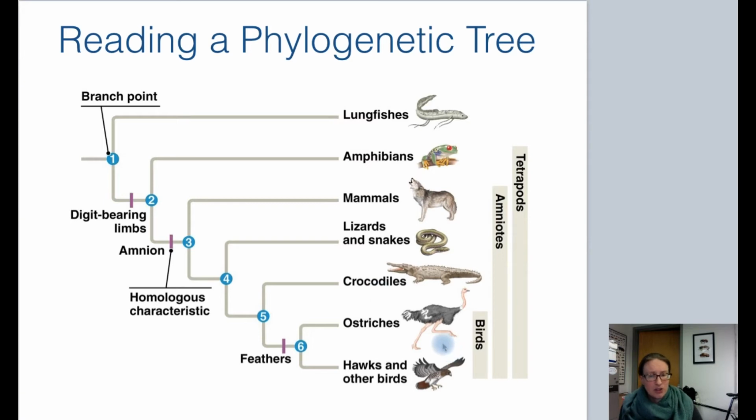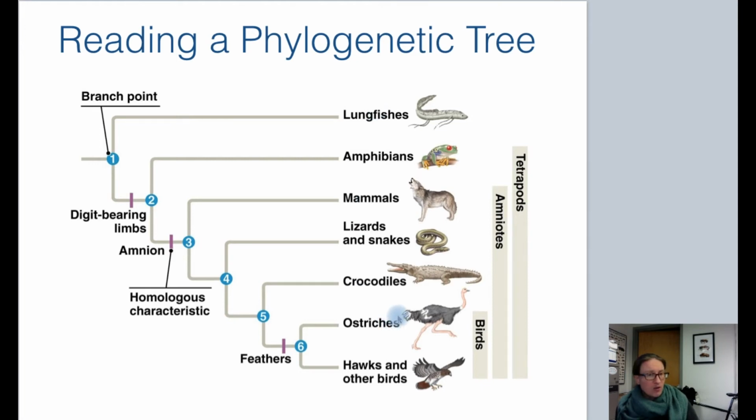So in this particular tree, the ostriches, the hawks, and other birds are more closely related because they are all examples of birds relative to their relationship with all of these other groups in this tree.